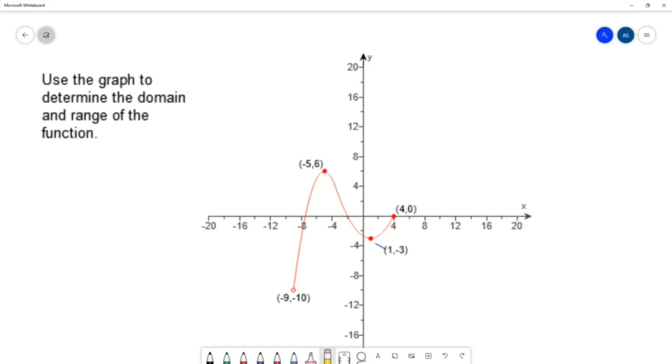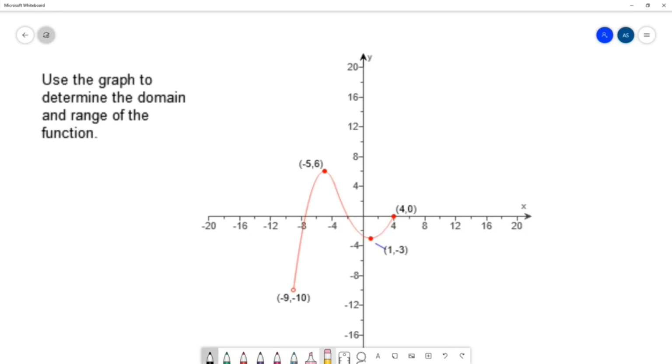Now, the reason why that is incorrect is because when we find the domain, we're trying to find all of the x's. And if you list out just these numbers, you're only getting the domain for those individual points. So we're going to use interval notation, and interval notation will allow us to get all of these values instead of just these individual ordered pairs.